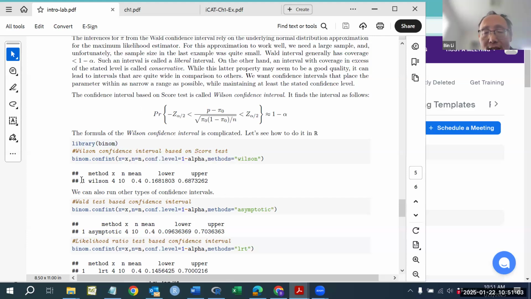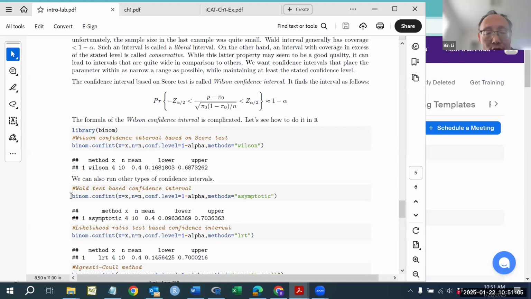So if we want to do that for the Wald test, you just use binom.confint. For X, the number of successes that you observed, N is the number of trials, and the confidence level is 1 minus alpha. And the method is asymptotic. That's the Wald test. And you can see the results, the lower and upper limit.